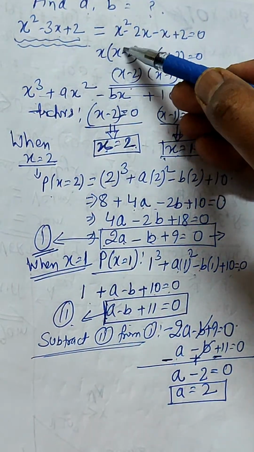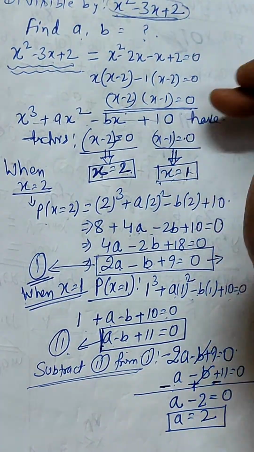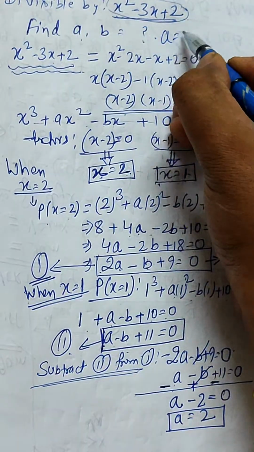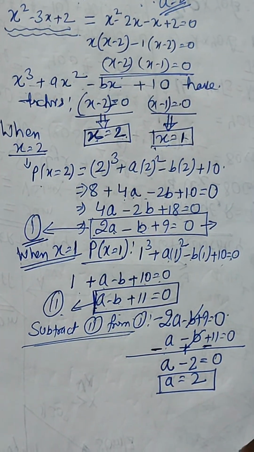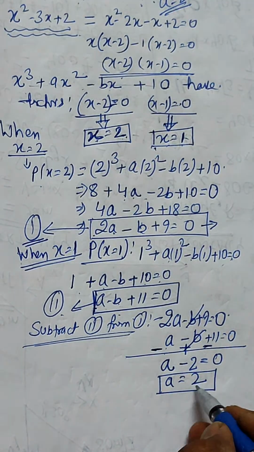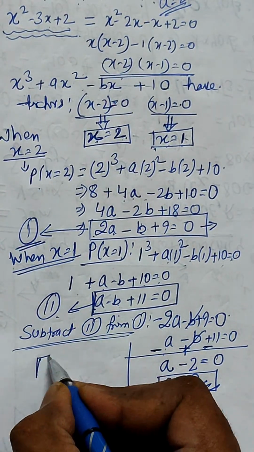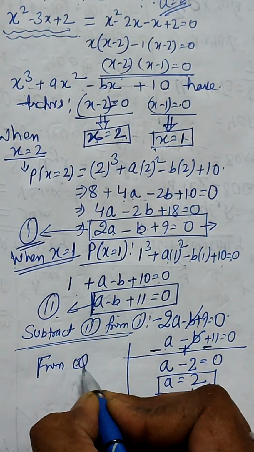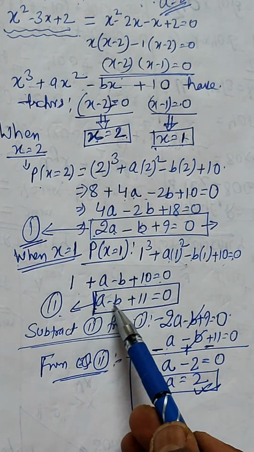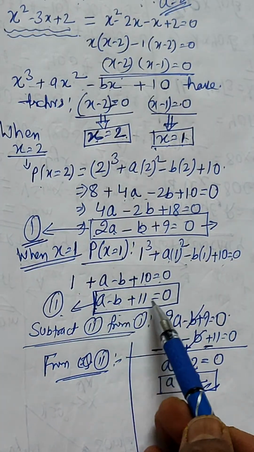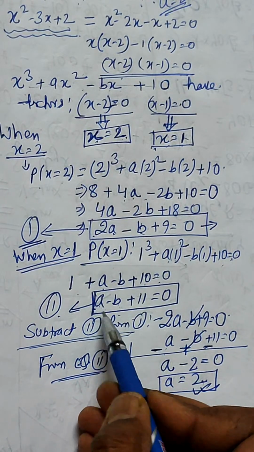So one of the values which we have calculated, since we have to find the values of a and b, is the value of a, calculated as 2. This is one of the answers, right? Now since a equal to 2, from equation number 2, since a minus b plus 11 equal to 0, we can put in the value of 2 over here, right?